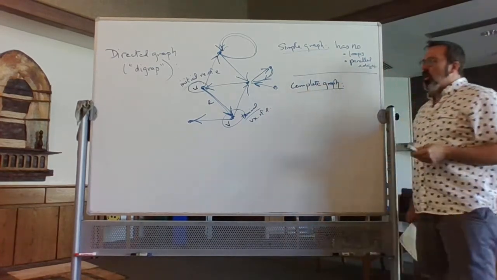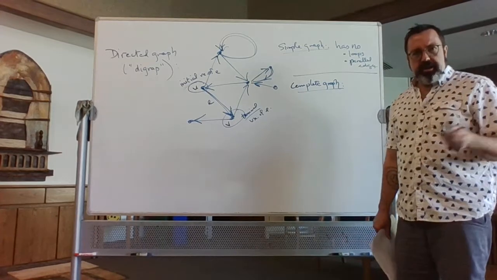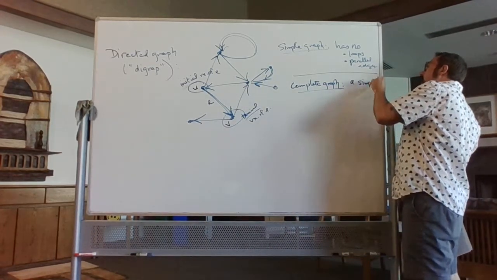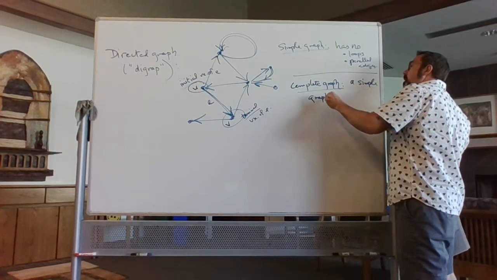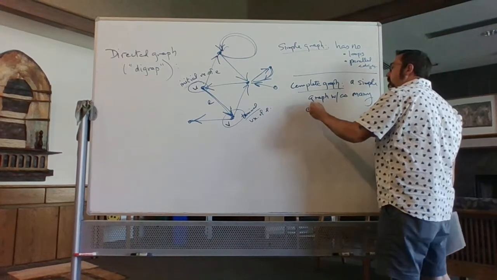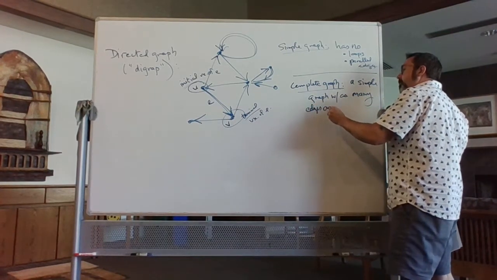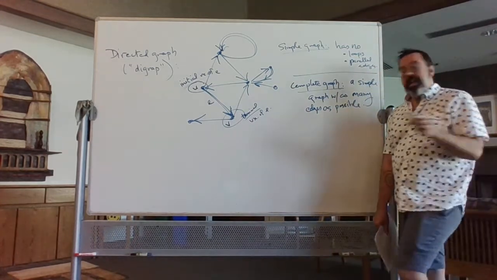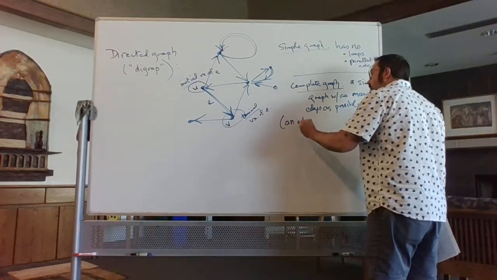Generally speaking, though, you're talking about undirected graphs. A complete graph is a simple graph with as many edges as possible. And that means that there's an edge between any pair of vertices.